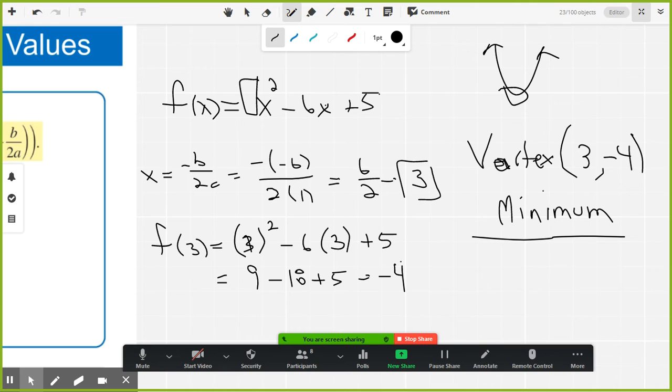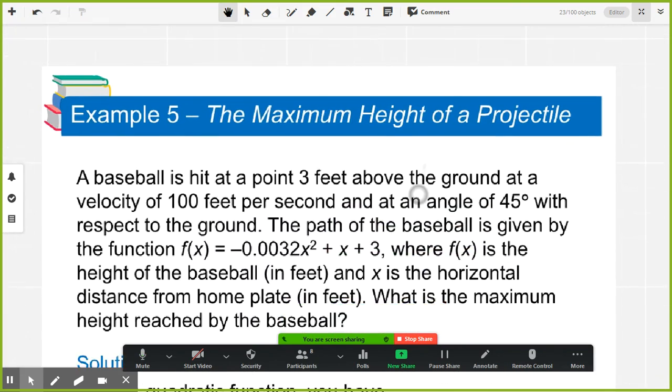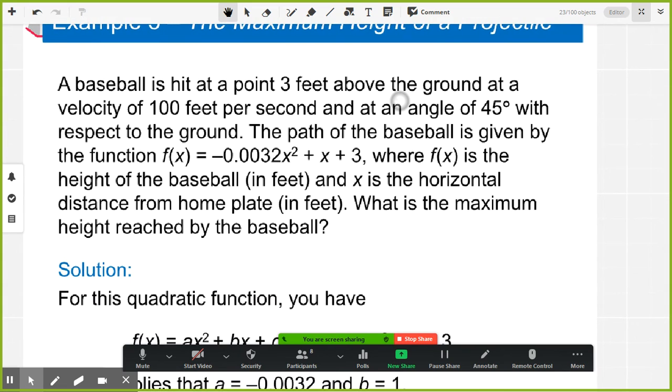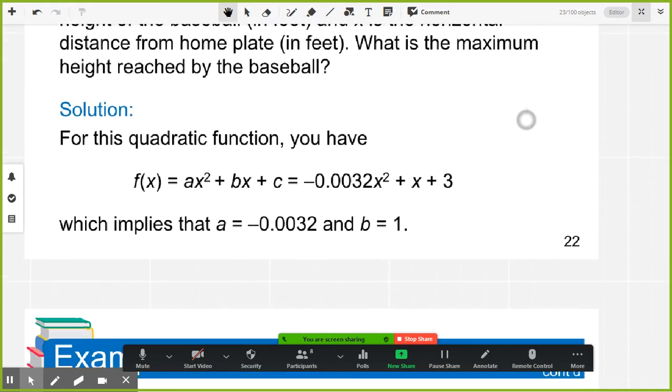I don't think there's one like that on there. There's one more problem I want us to work through because there is one like this on the assignment. And I need to show you how to use your calculator here. So a baseball is hit at a point 3 feet above the ground. What is this?